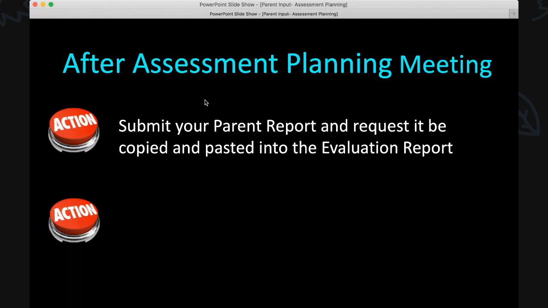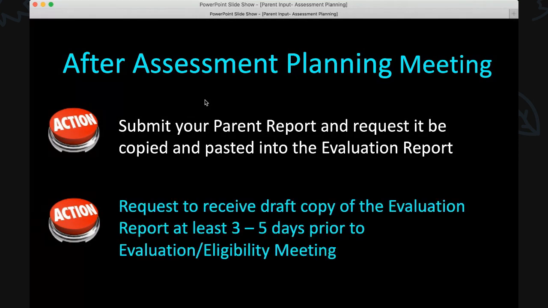One, we want to make sure that you've submitted your parent report and that you ask that it be copied and pasted into the evaluation report, just like the school psychologist or the speech therapist or the special ed teacher have reports that are fully written in that evaluation report. And as an equal member, we want your parent report to be embedded into that actual evaluation report.